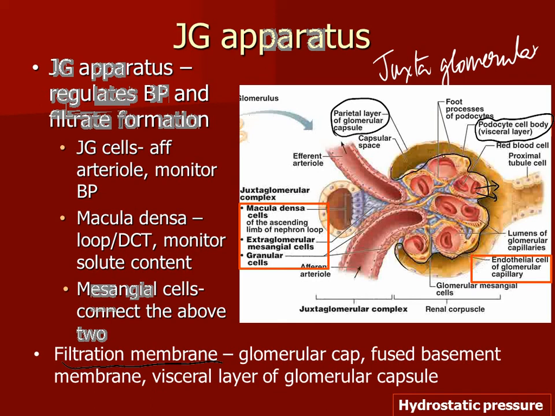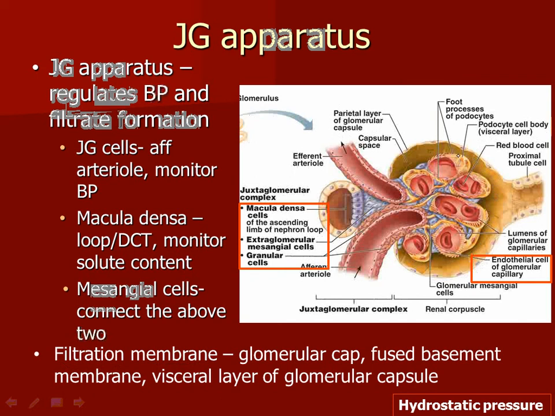So both this capillary endothelium plus these cells of the visceral layer have tiny little pores, which allow blood to be filtered, and that's why you need a hydrostatic pressure. Imagine a coiled water hose with tiny little holes. If the pressure in the water hose is high, then only filtration will occur.